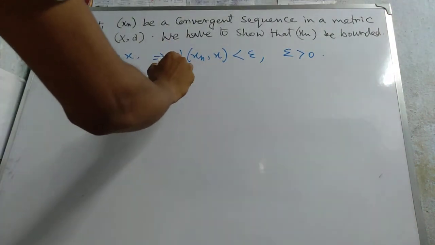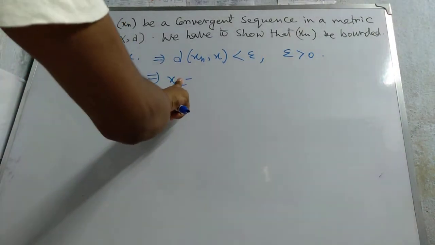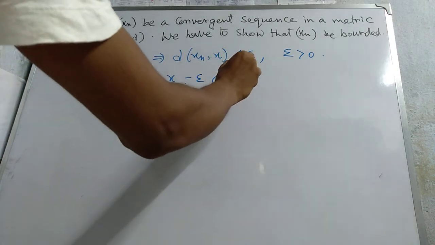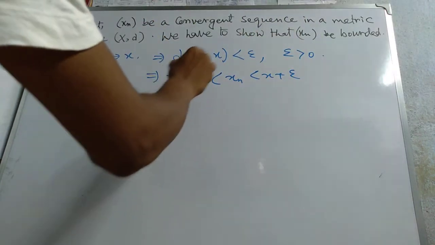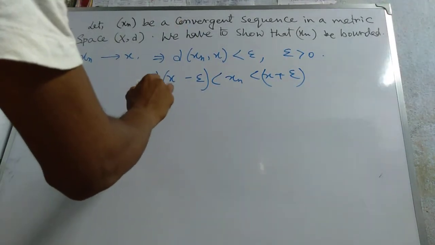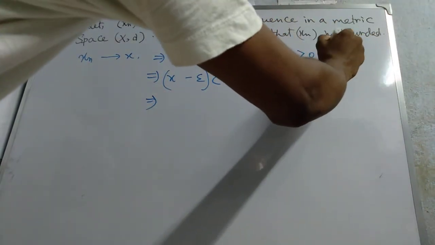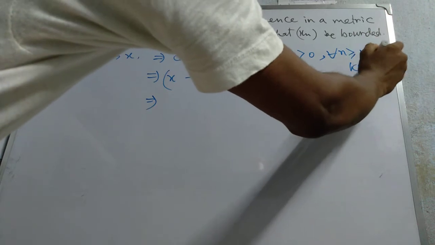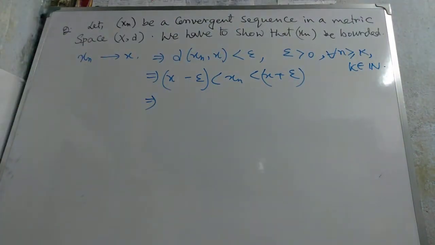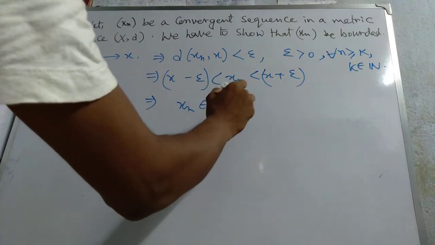This implies that x minus epsilon is less than x_n, which is less than x plus epsilon, for all n greater than or equal to k belonging to N. Then this x_n belongs to B(x, epsilon).